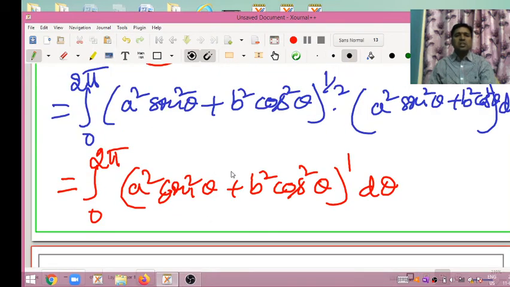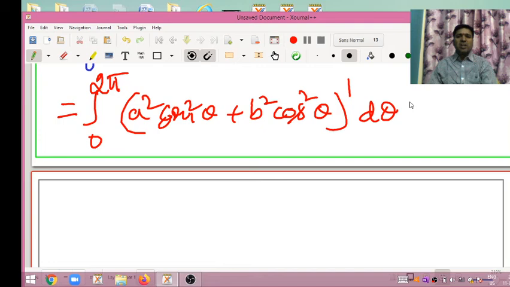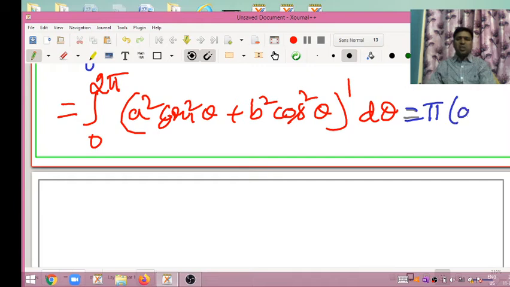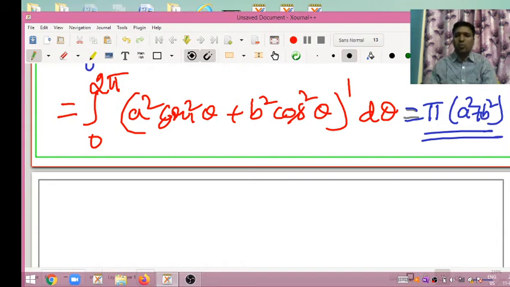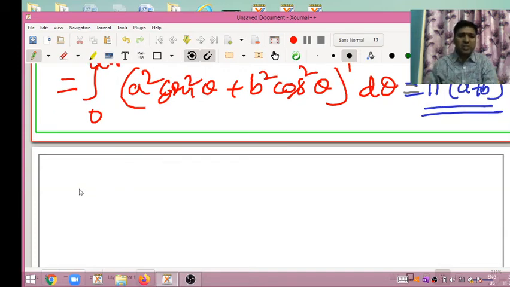Now see here, this is one of the formulas. Actually, this value is nothing but π into (a² + b²), my dear friends. How, I will prove here.